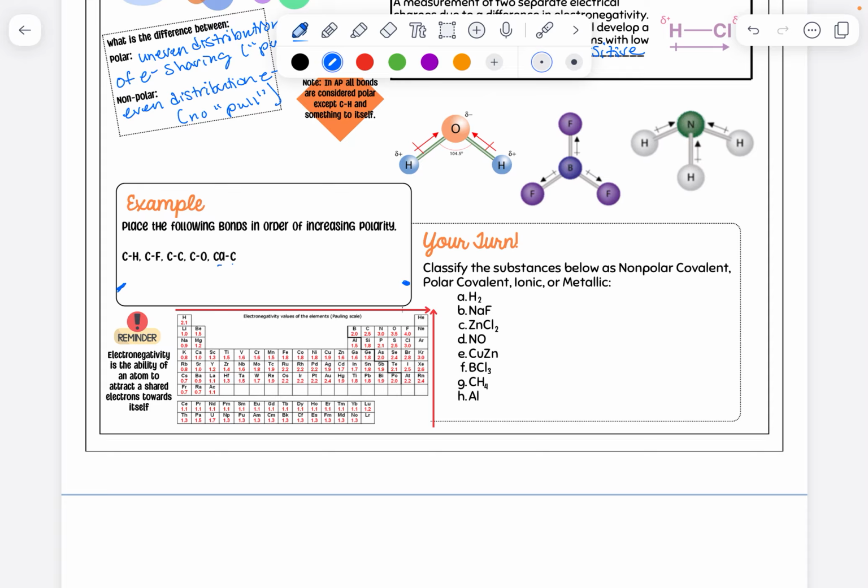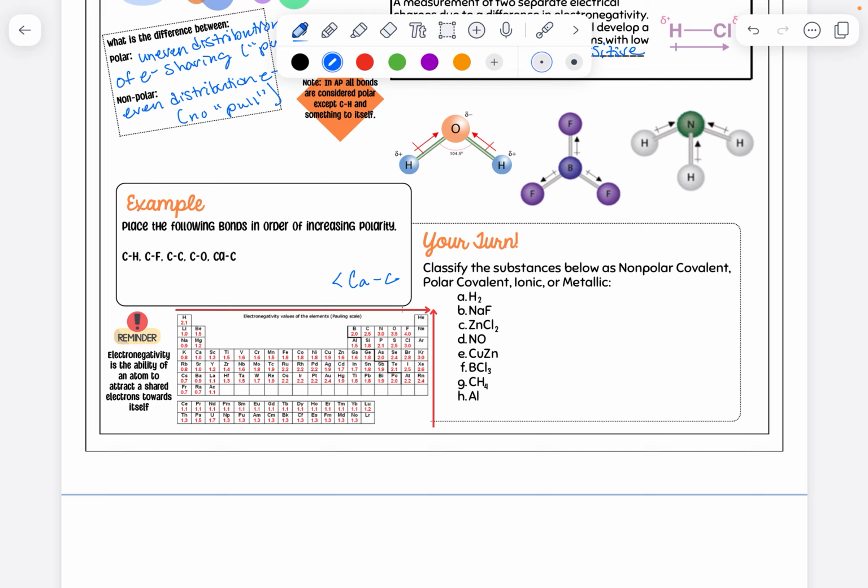Calcium is a metal and carbon is a nonmetal. So this is actually going to be an ionic bond. So it doesn't experience polarity, but for this example, we're just going to put it way over here as highest because it's actually going to transfer its electron and create ions.